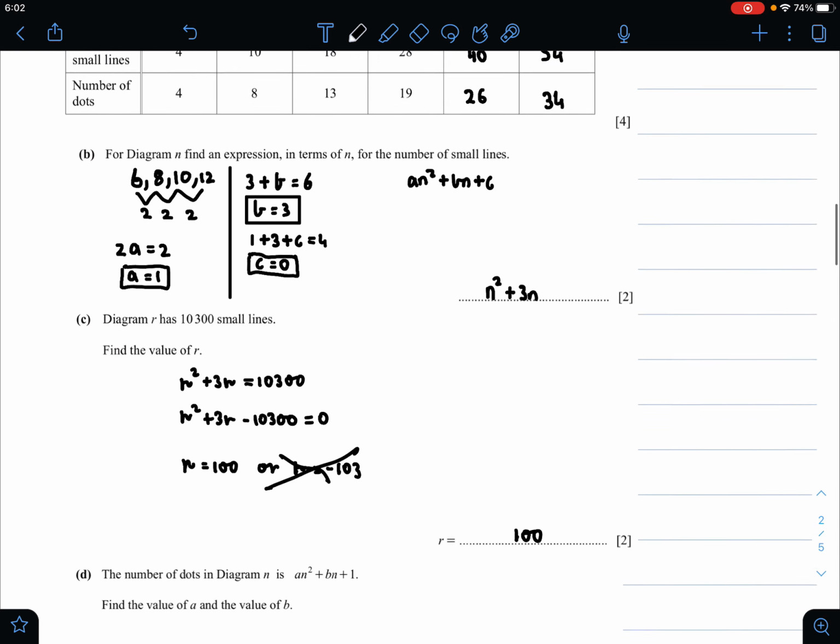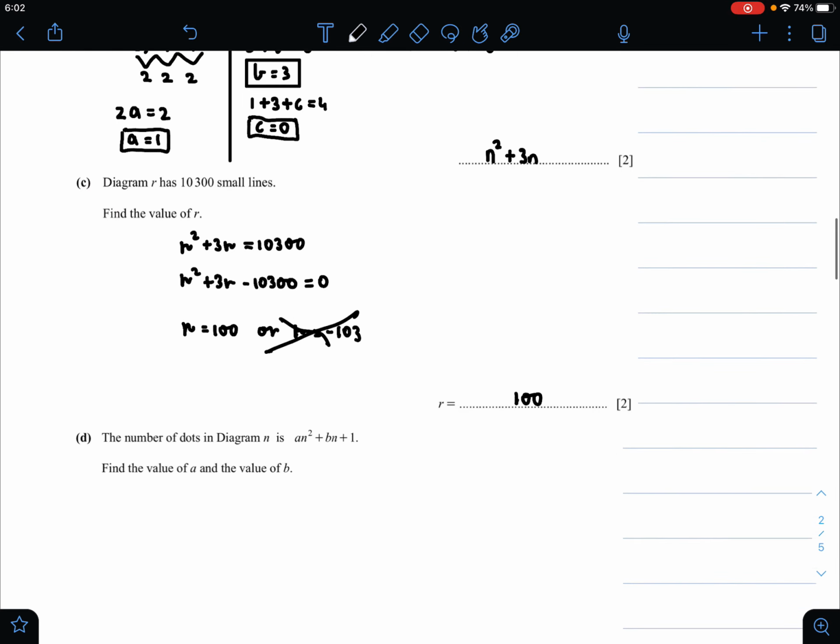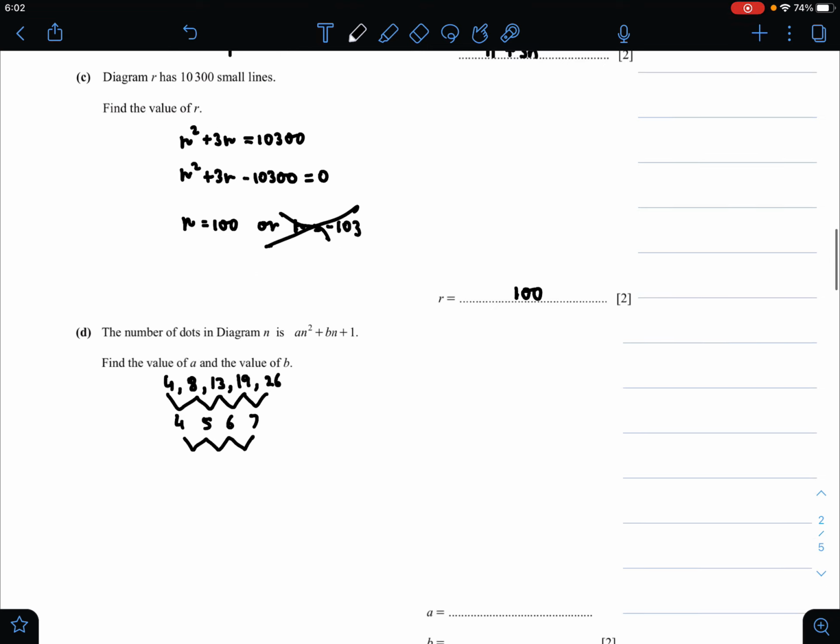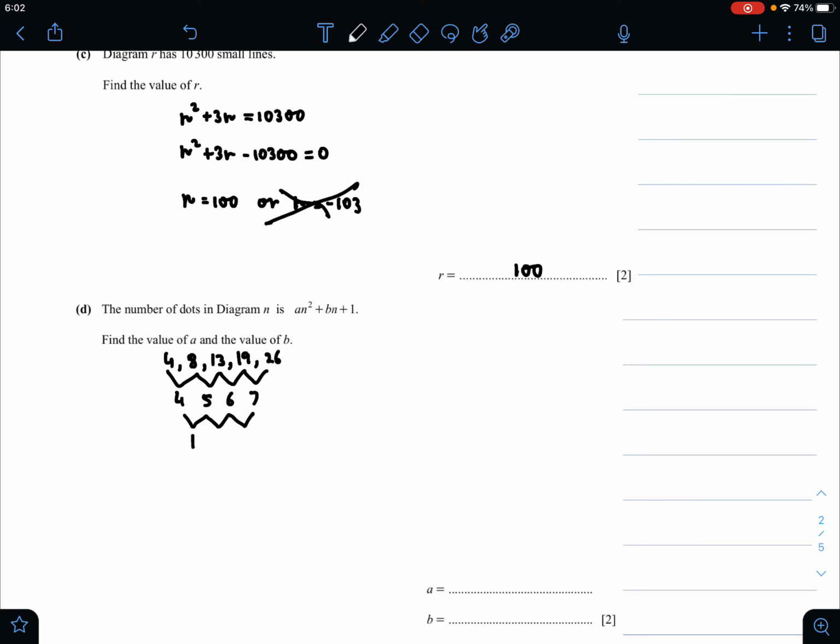So let's find the common difference. So the sequence is 4, 8, 13, 19, 26. So the differences between these numbers would be 4, 5, 6 and 7, and therefore the common difference would be 1, 1 and 1. Since the difference is the same, this would be the common difference.